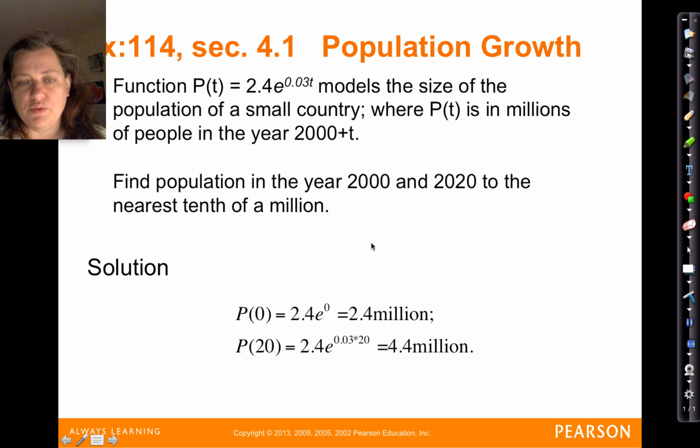Now this is very simple. Of course, we could be asked, for example, in what year will the population double, be twice the original amount? So in what year can they expect the population to double? You know that it's double what it was in 2000.